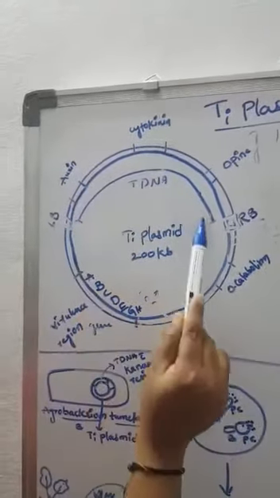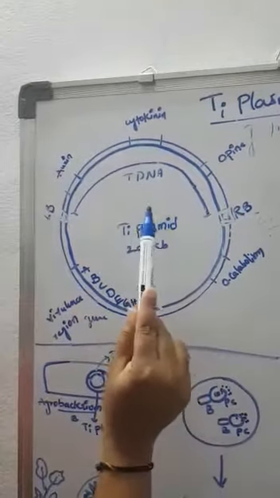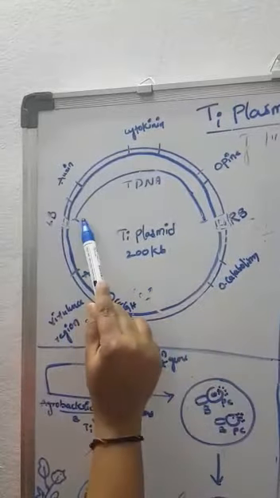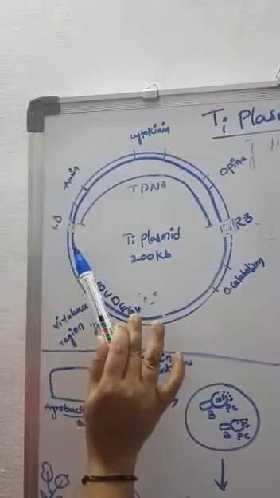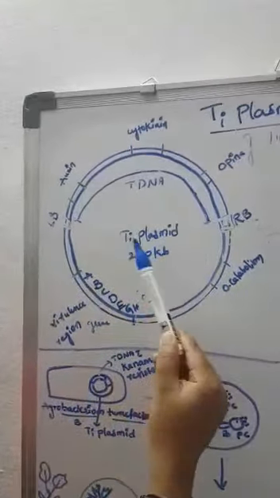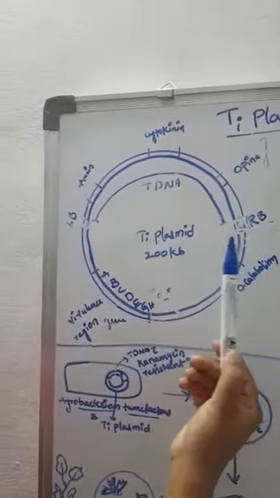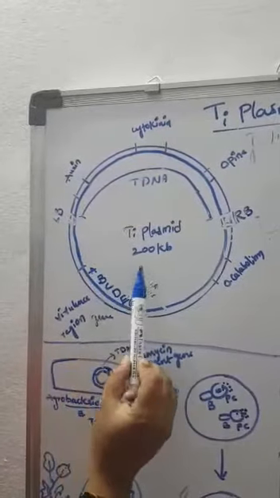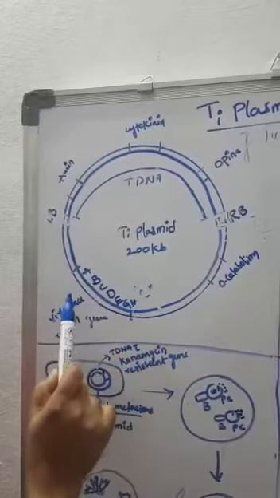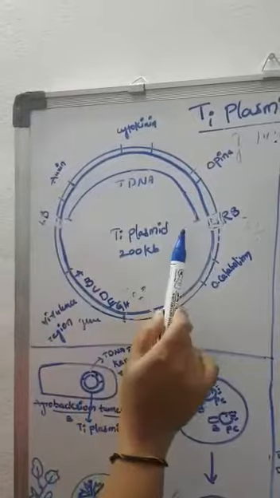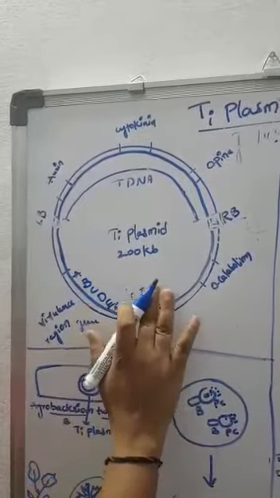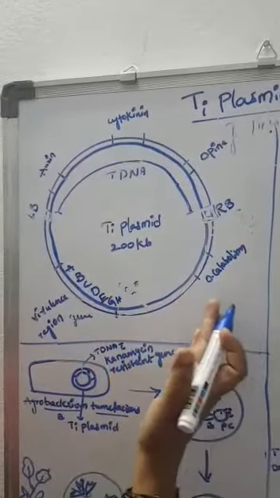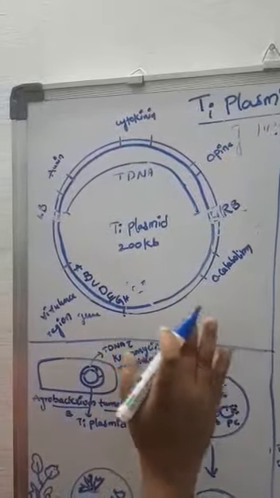The tDNA region is very important for the transfer of our desired DNA fragment from the TI plasmid, from the bacteria to the other desired host. And whenever this TI plasmid, consisting of the Vir region and tDNA region, is in contact with wounded tissue, it releases some phenolic compounds.